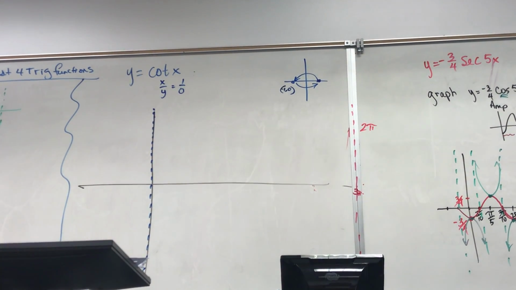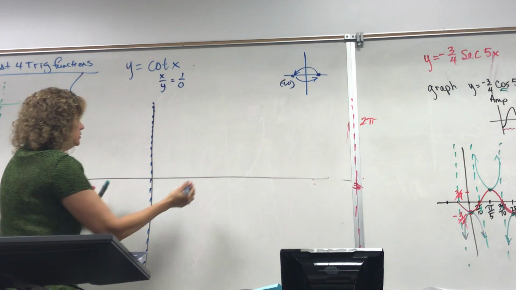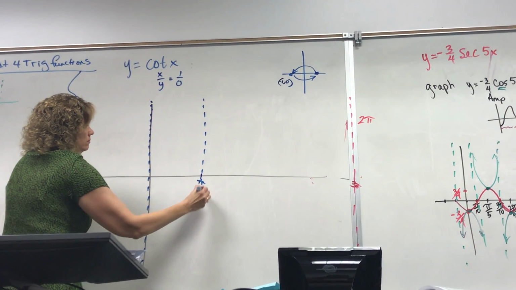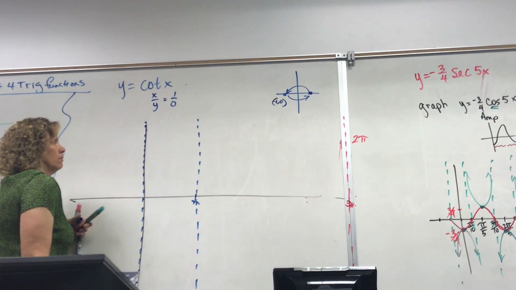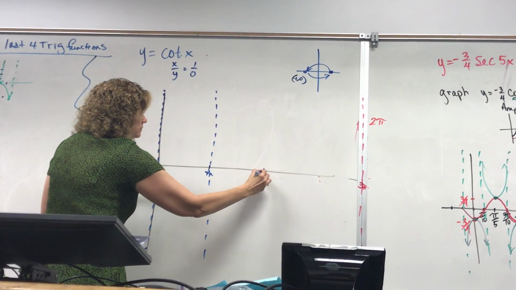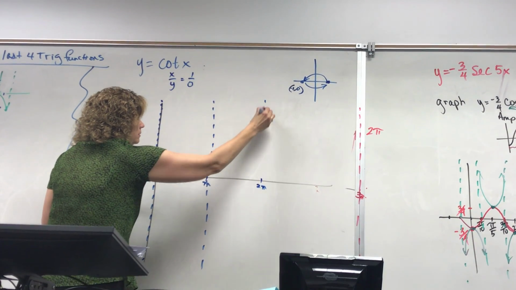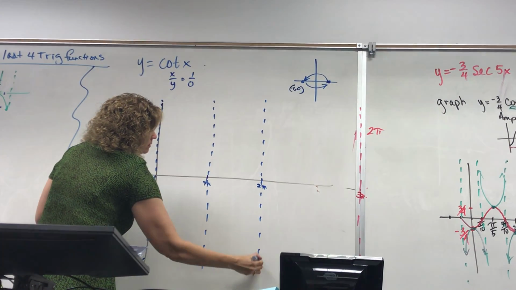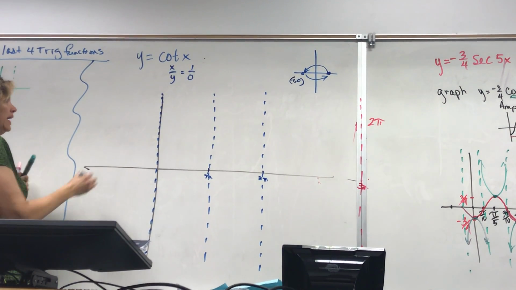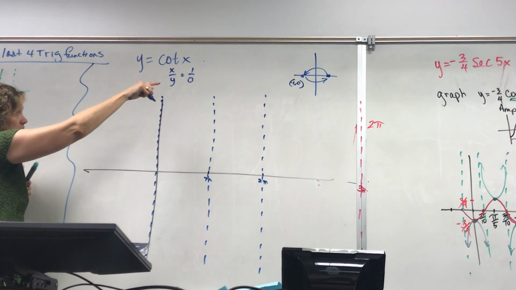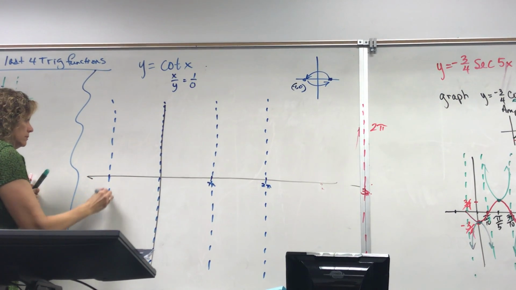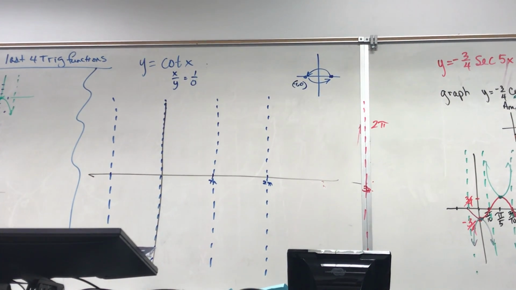X being -1, y being 0 is undefined, so at pi I have another asymptote. 0 radians is the same thing as 2 pi. I could go backwards. I could get to pi by going to minus pi. Or have asymptotes.